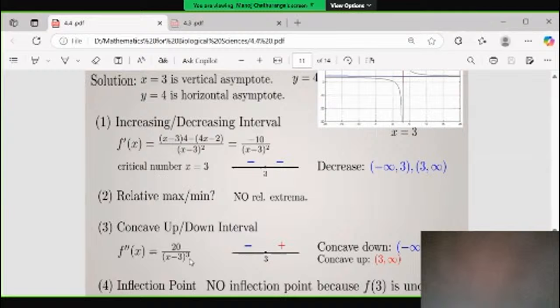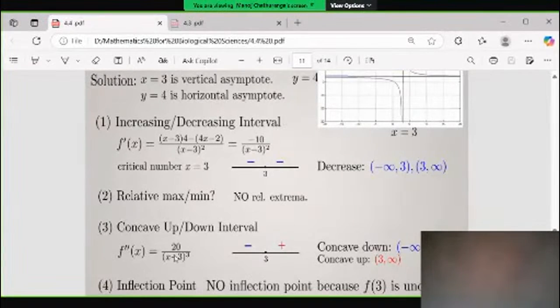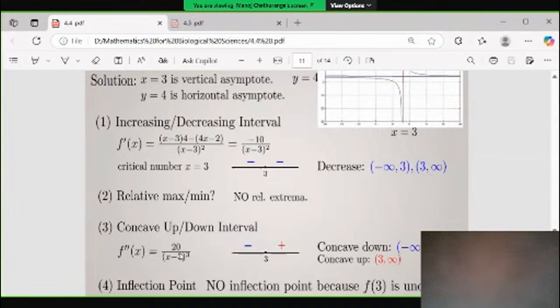Second powers are always non-negative, squares are always non-negative, but third powers do change their sign according to whatever you have inside it. So if I pick a number below 3, let's say x equals 0, you are taking the cube of negative 3. It is minus 27.